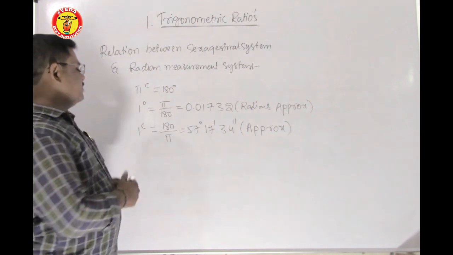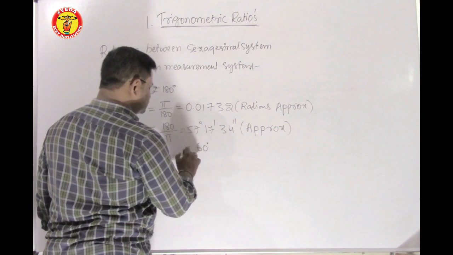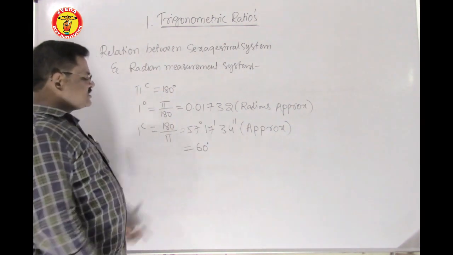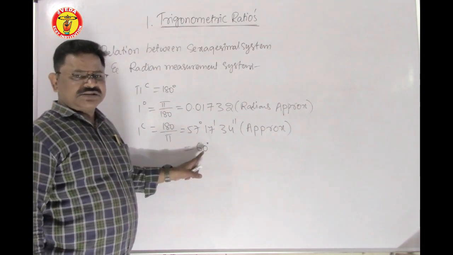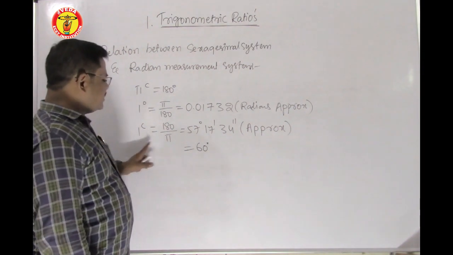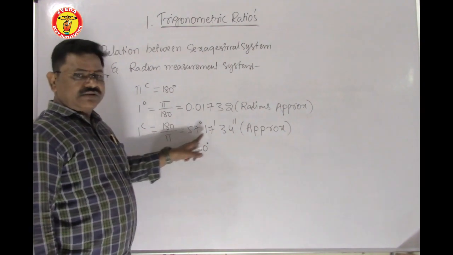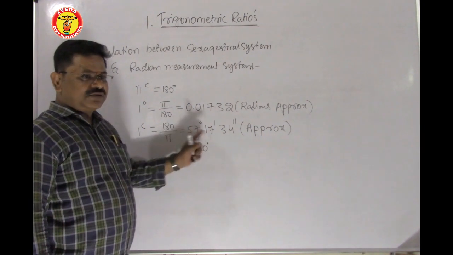That's why we write this as 60 degrees, because 57 degrees 17 minutes 34 seconds is near the round figure value of 60. Remember, this is a very basic important point. The actual value of 1 radian is 57 degrees 17 minutes 34 seconds, but we can't instantly express the answer for that.